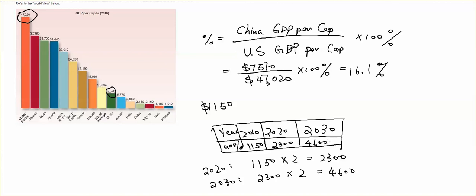Again, if you want to calculate after 30 years, we create one more column, 2040, that equals 4600 times 2, we get 9200. So that means after 30 years, Haiti's GDP per capita will be 9,200.